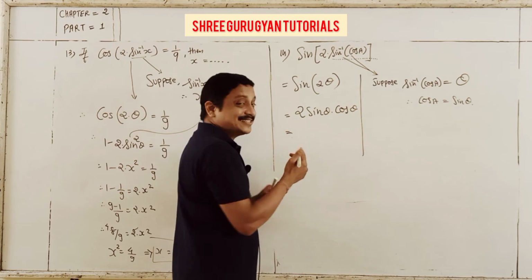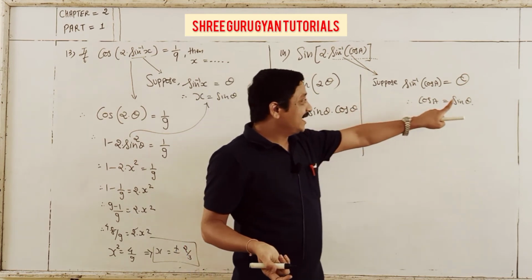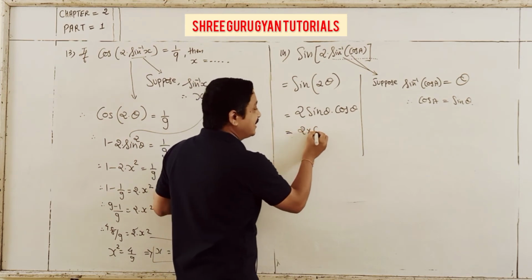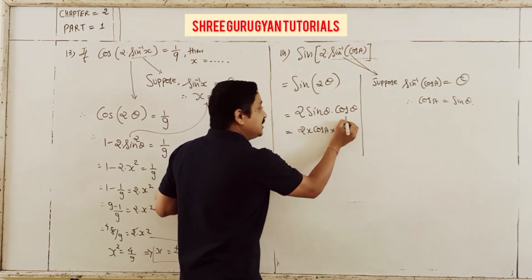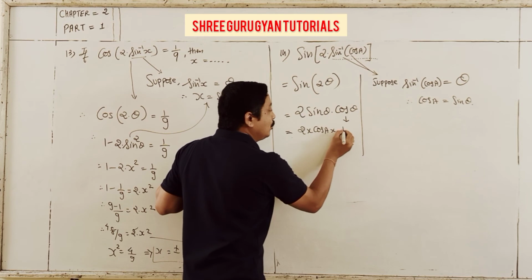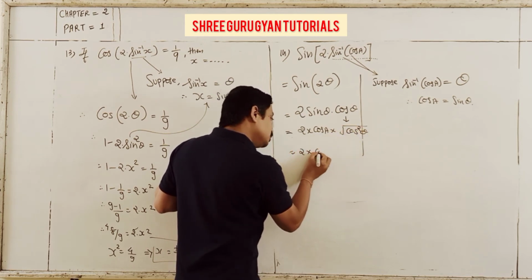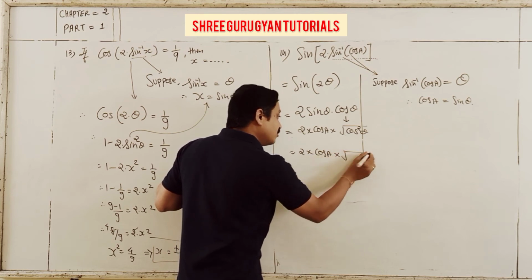Now my numerical is nearly done. I already know sine theta here, that is cos A. So 2 sine theta is 2 cos A, and cos theta I will write under root, because I want it in terms of 1 minus sine square.